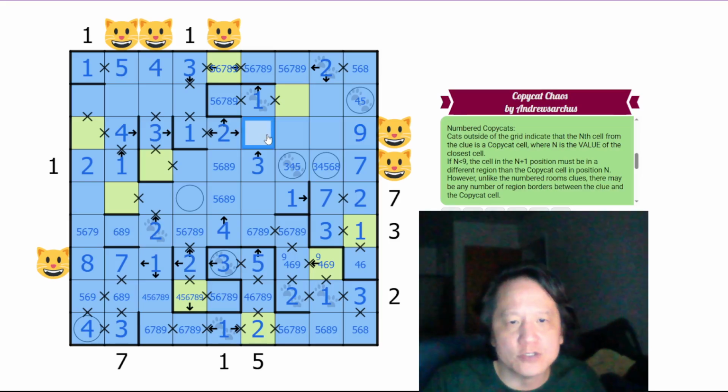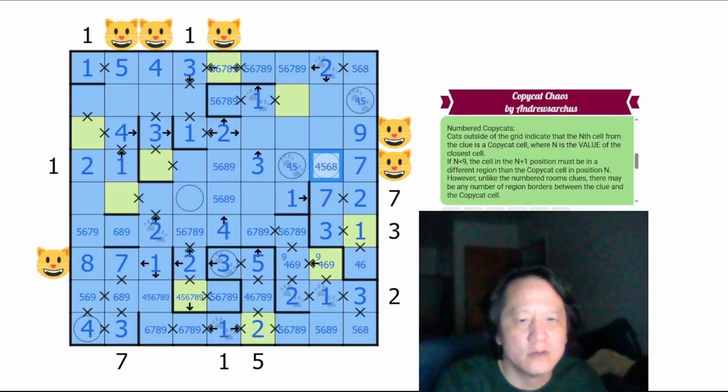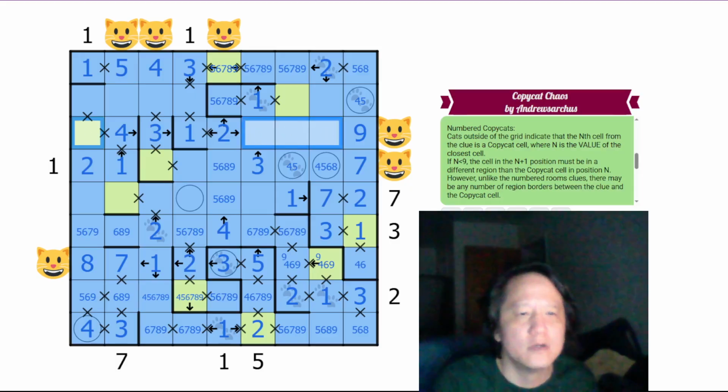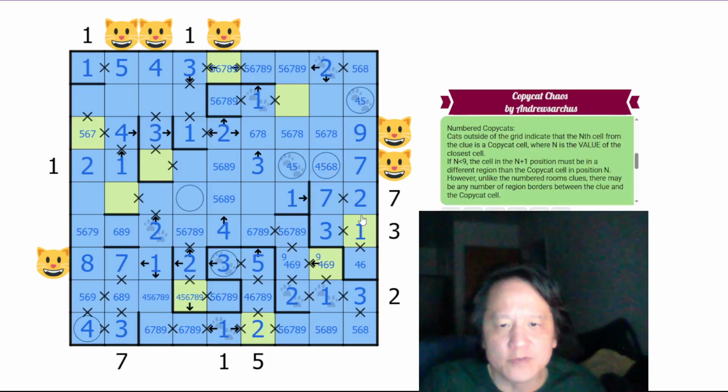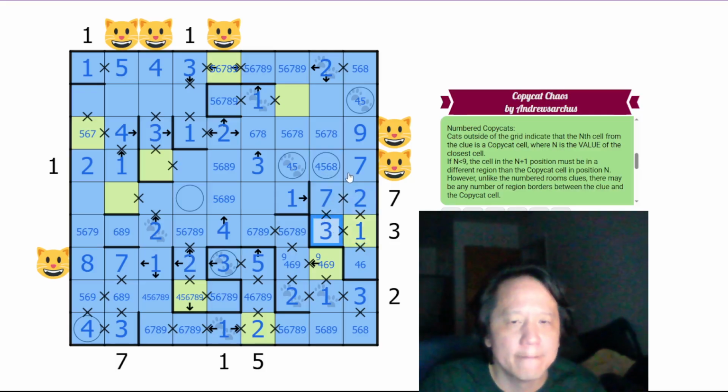Remaining digits too. So boundary 3 eliminates 3 here. We have 5, 6, 7, 8 remaining in row 3. No 5 here, no 8 here because of digits in the columns. These are all part of the same region because this must extend out somewhere.